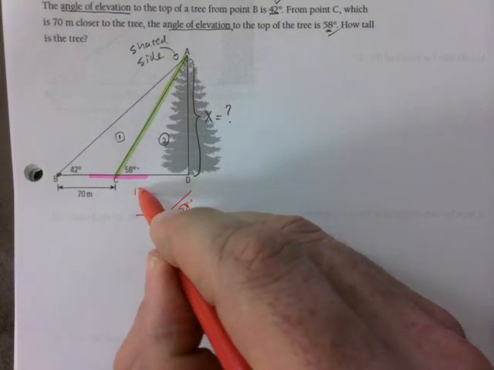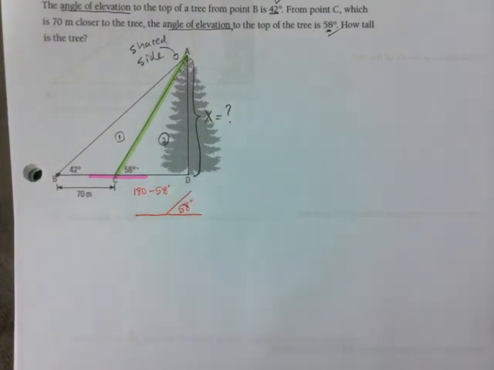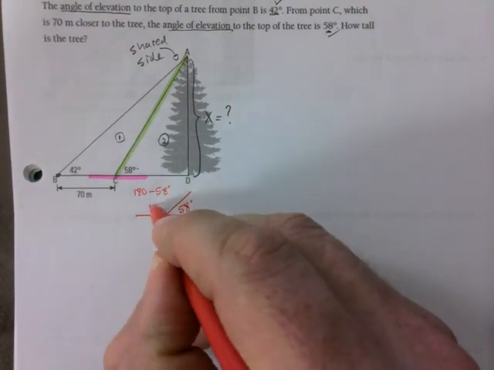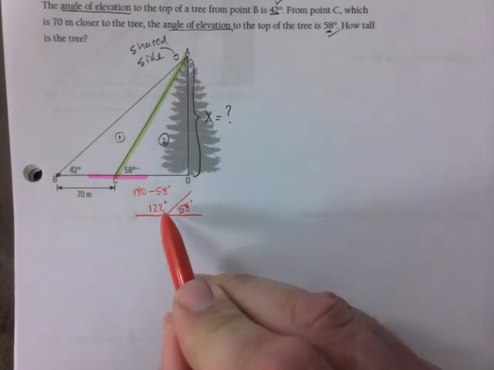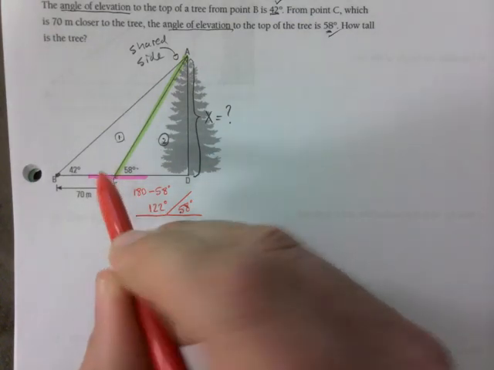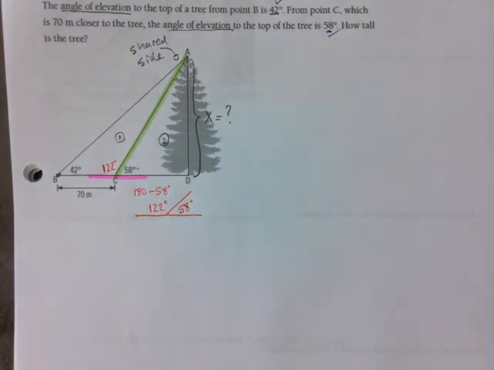So I'm going to go 180 minus 58, and you get 122, right? You get 122 degrees. This one right here. And that's the one I'm going to bring in here. So I would actually suggest use a pen or something telling you that I found that.